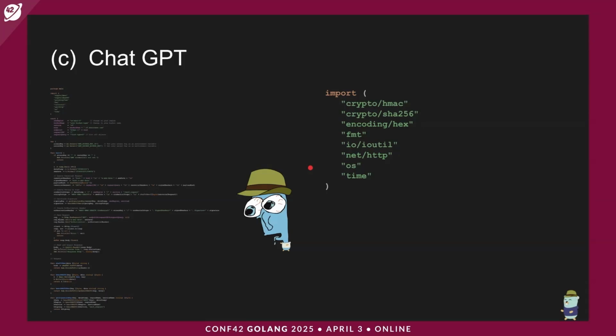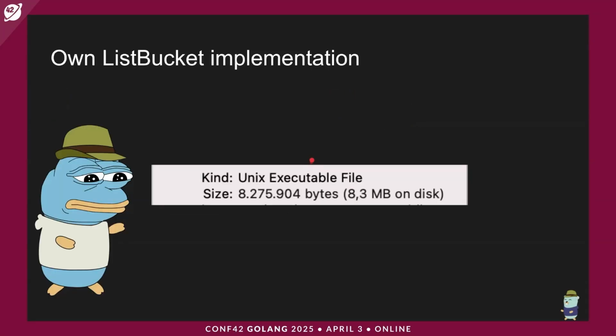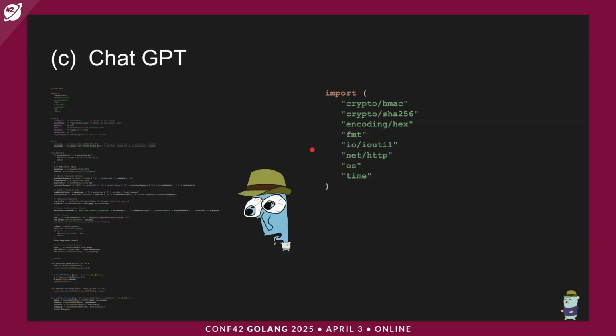So when we compile it, our size has decreased. It's 6 megabytes less right now, but still it's 8 megabytes. And the program I was showing before is actually like 100 lines of code. It's not something huge. The amount of dependencies we're importing is also not that huge.